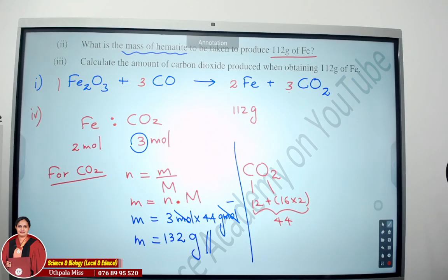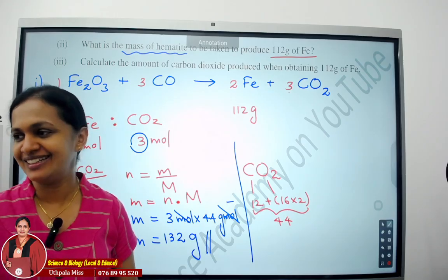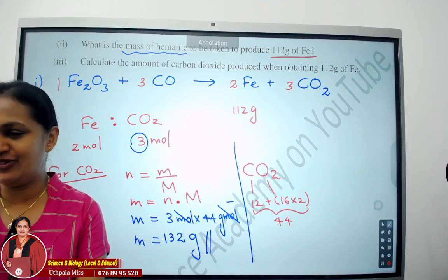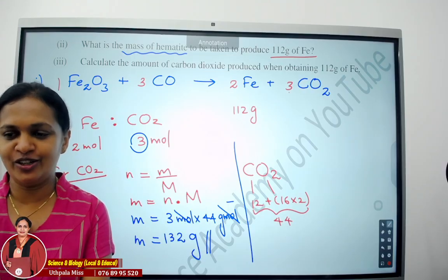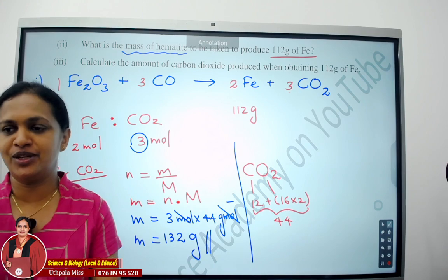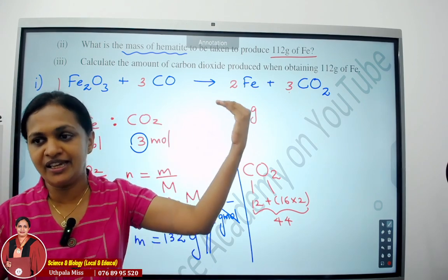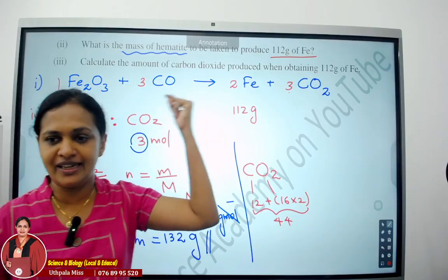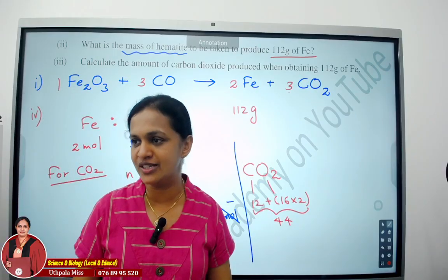Hands up those who got the answer. Okay, most of you have got it. Just understand the concept. I will probably give one or two more calculations to practice. It's not difficult, just understand the concept. What did we do? We balanced the equation. After balancing, the number in front is the number of moles.